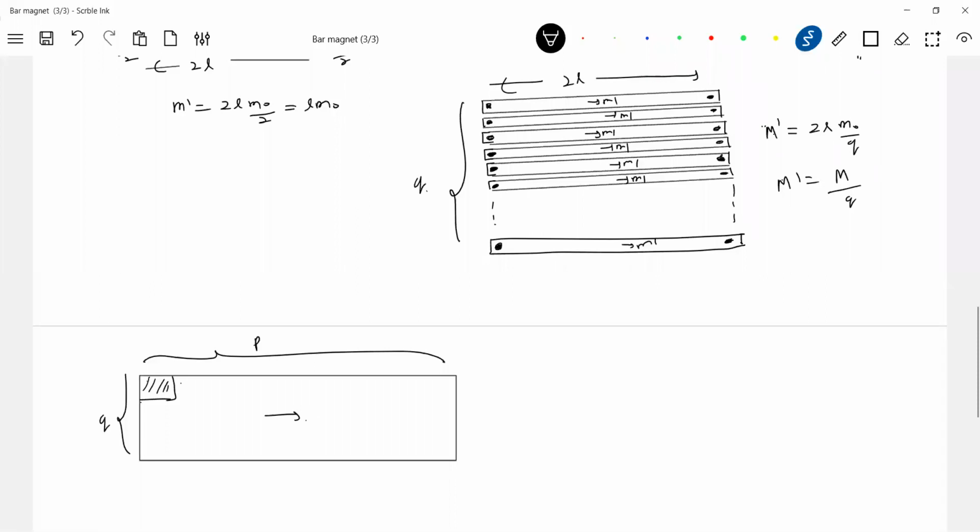The total dipole moment of the bar magnet is M. This M dash is what is needed. If you cut this into P parts, then you are going to cut this into Q parts here.